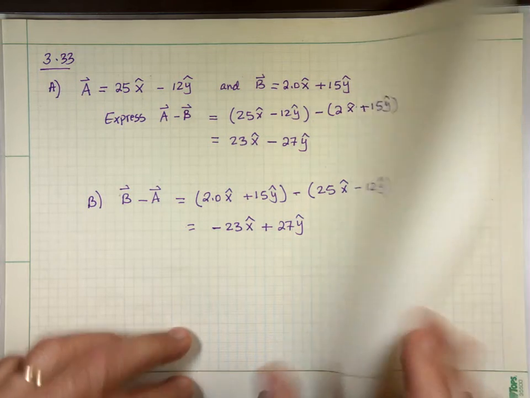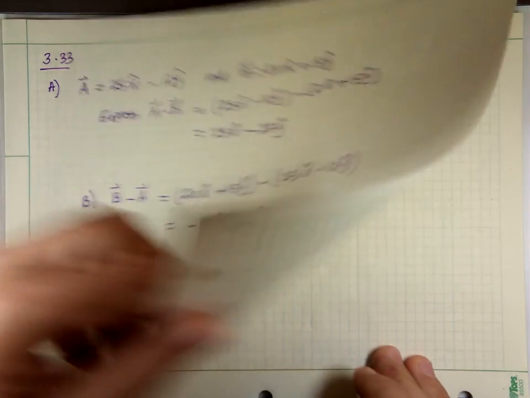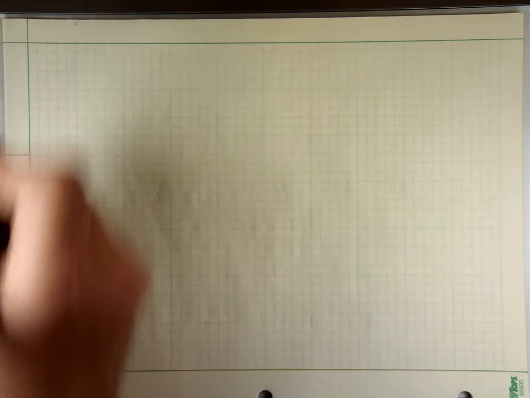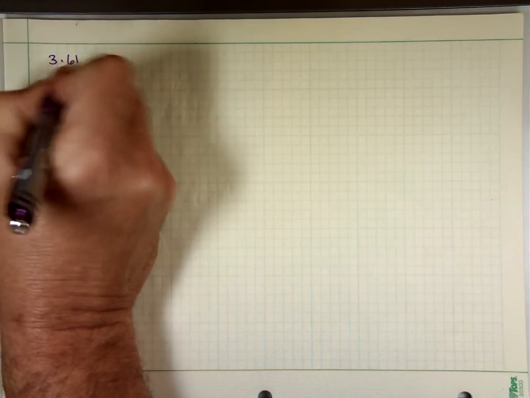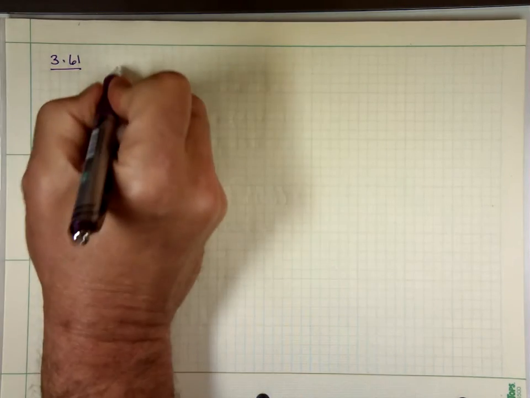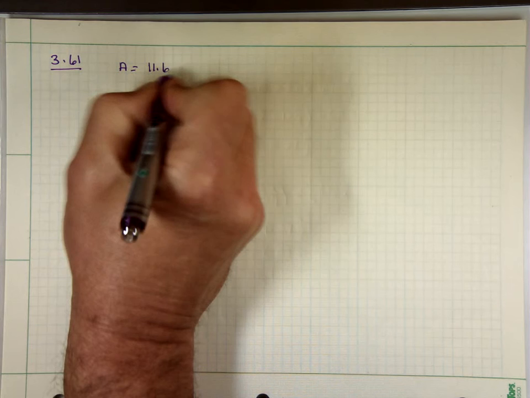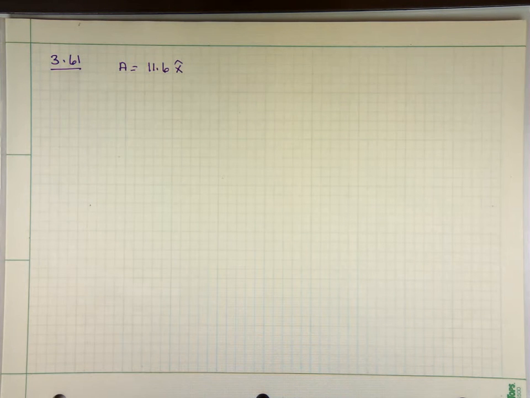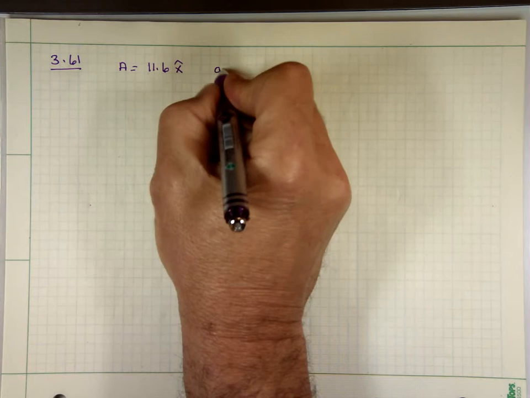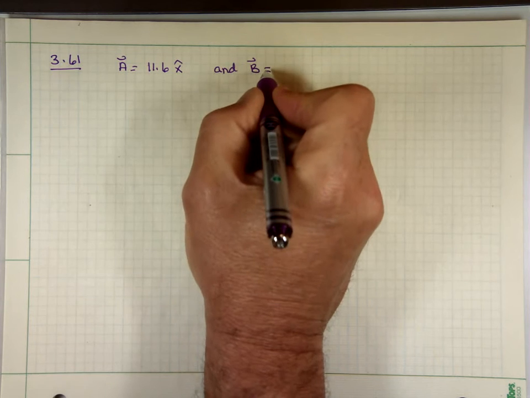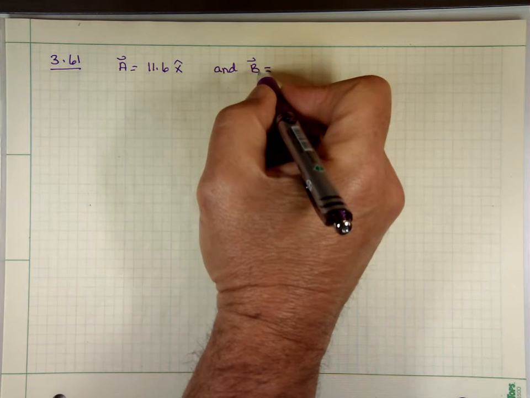And the last question I have is 361. You have A equals to what? 11.6 in the x direction, just in the x direction, that's it. And vector B equals what? Negative 11.6, yep.